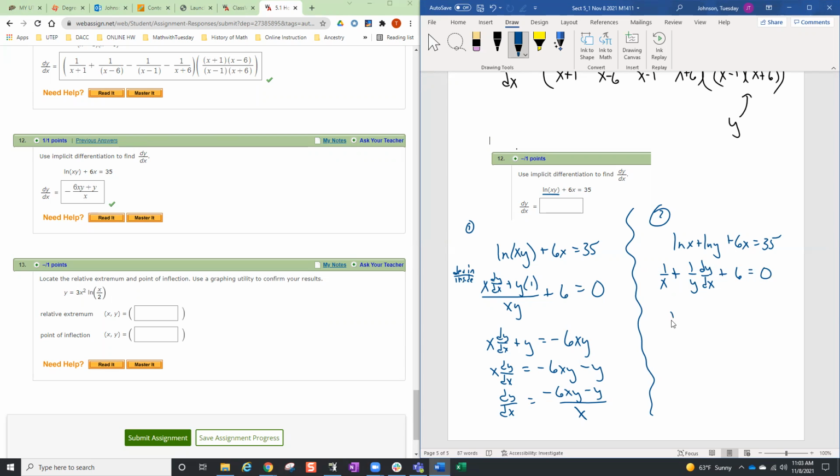So it looks like 1 over y dy dx equals -6 minus 1 over x. We're going to multiply both sides by y. And when we do that, what do we get? We get a -6y minus y over x.